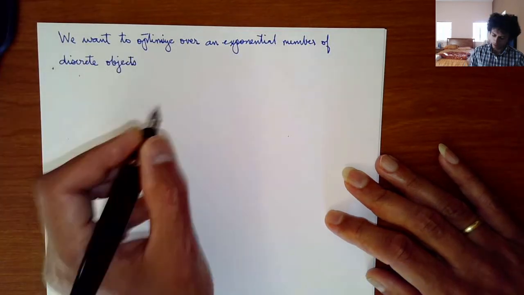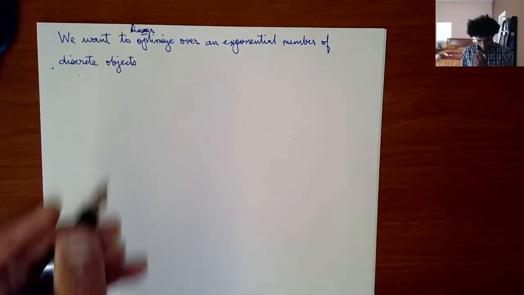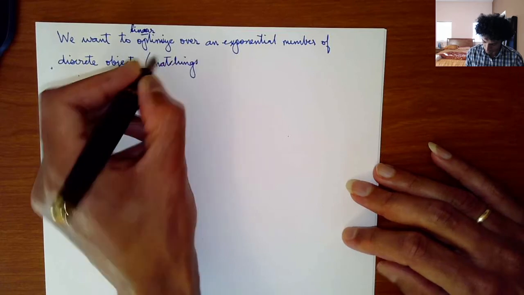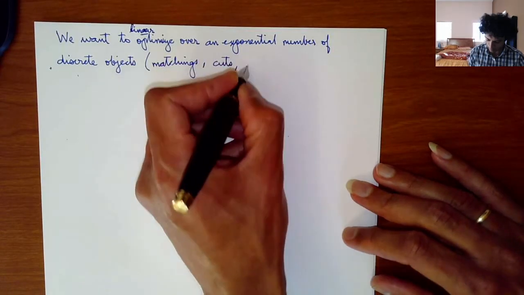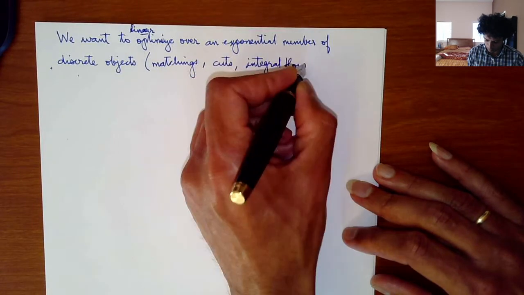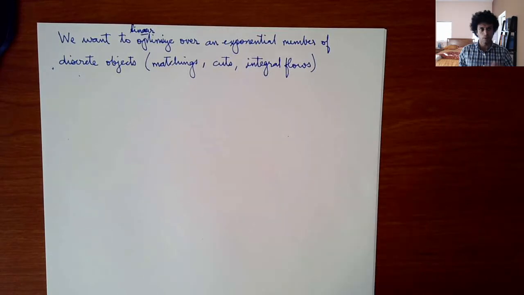What were these? These were matchings, cuts, and integral flows. Sometimes you can state the flow problem as wanting a flow where all the flows are actually integers, and this gives you some discrete set.